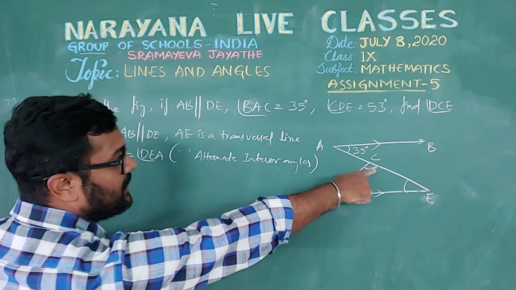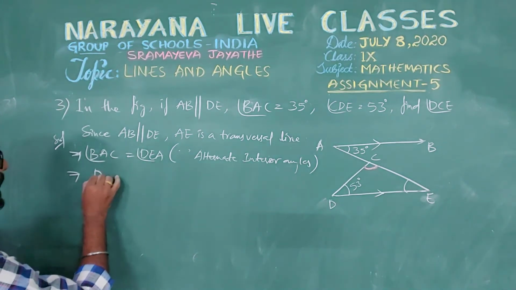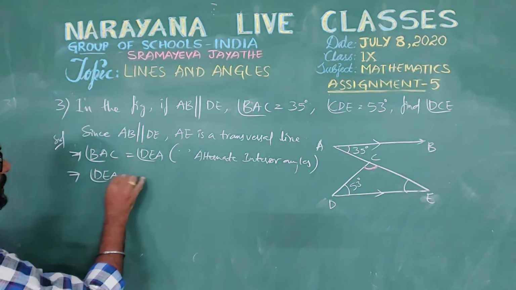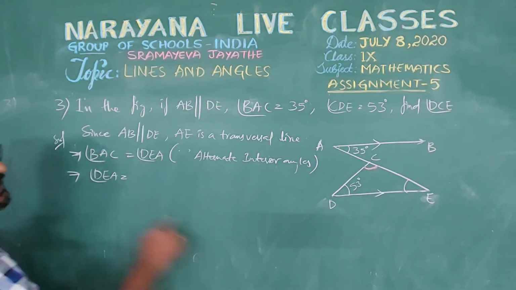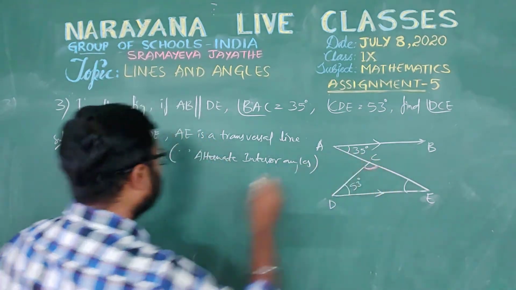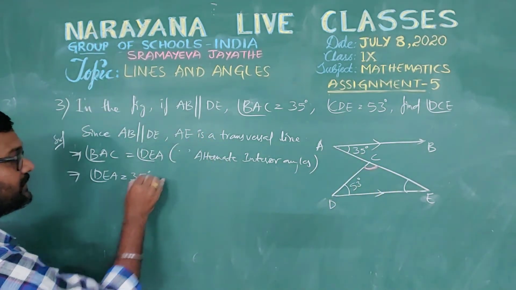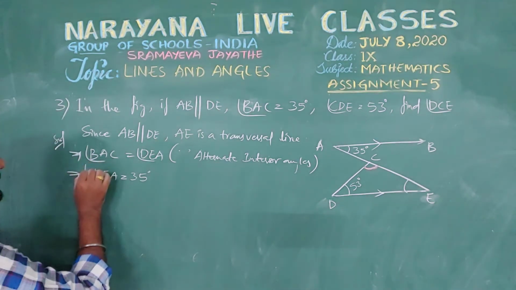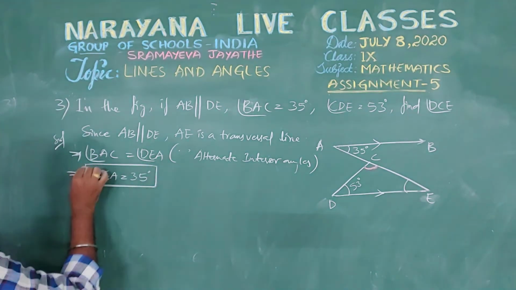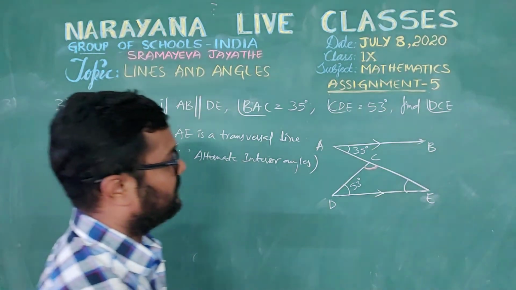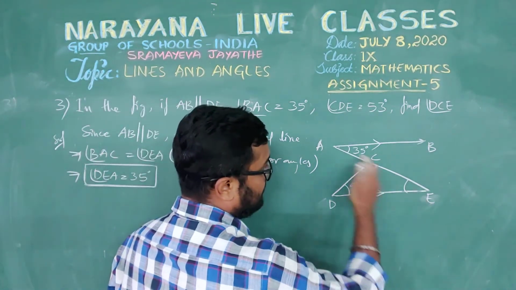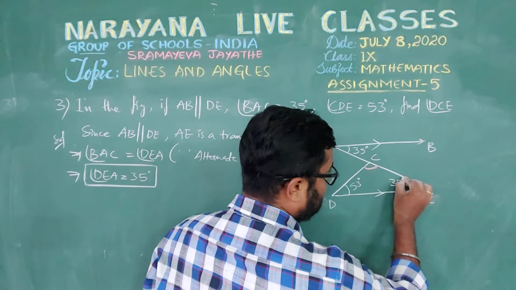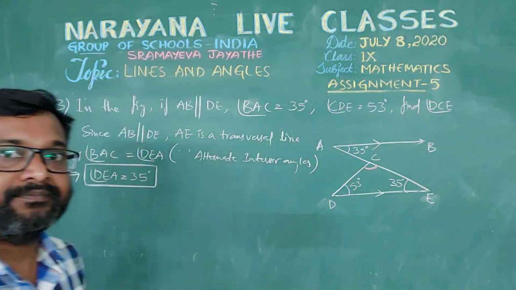Now angle BAC is 35 degrees, isn't it? So angle DEA is 35 degrees.